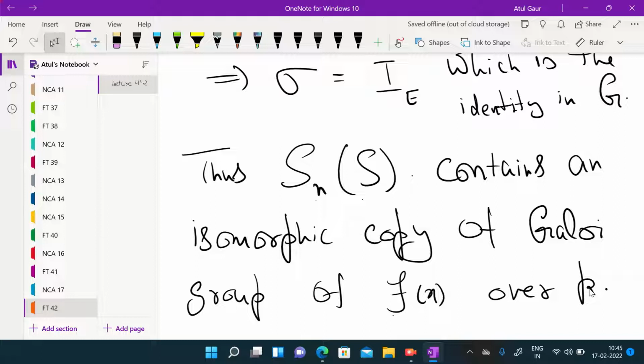So basically we are identifying some connection between automorphisms and the roots. ठीक है? Is that fine? Yes, sir. Okay.